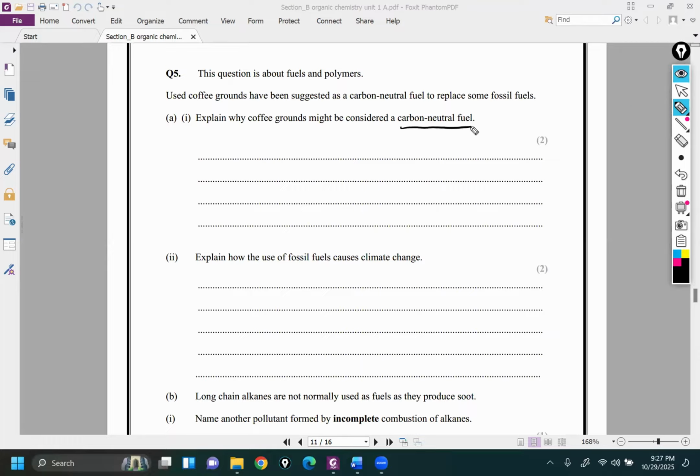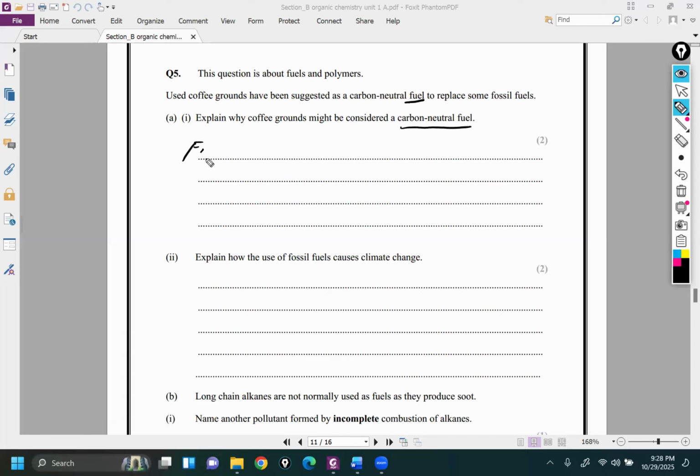Any fuel which comes from plants, meaning biofuel, is considered a carbon neutral fuel. The reason is whatever carbon dioxide it gives to the air on combustion is equal to the amount of carbon dioxide it absorbed during the photosynthesis process when it was in plant life. So this is the fuel which is taken from the coffee grounds.